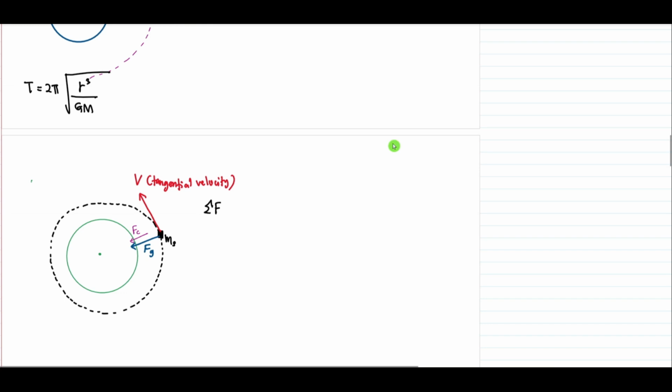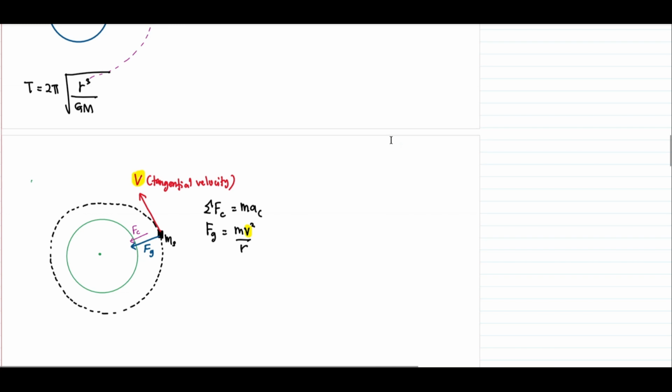We can write that total force Fc is equal to m a_c. Alright? And the only force that provides the centripetal force is gravitational force, Fg, equal to mv squared over r. And here we have v, the tangential velocity, bukan escape velocity.